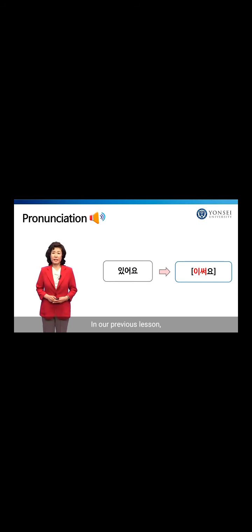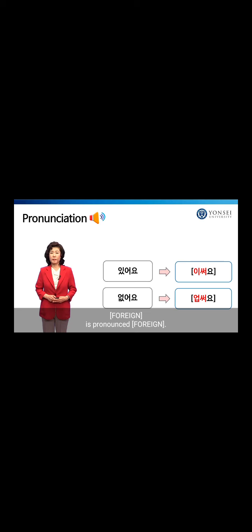In our previous lesson, we learned that 요 in 형도 있어요 is pronounced 있어요. The final consonant double S in 있 of 있어요 is prolonged and connected to 어요. 없어요: if you take a look at 없어요, you will see that there is an unfamiliar final consonant, 비읍 and 시옷.